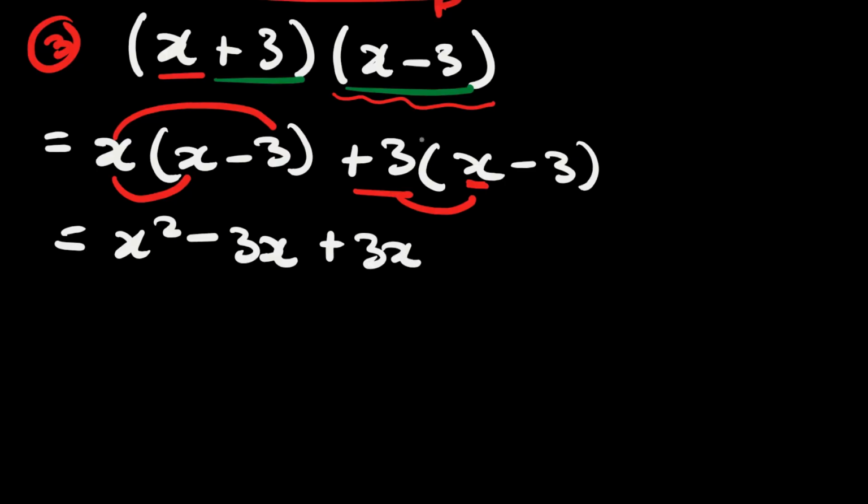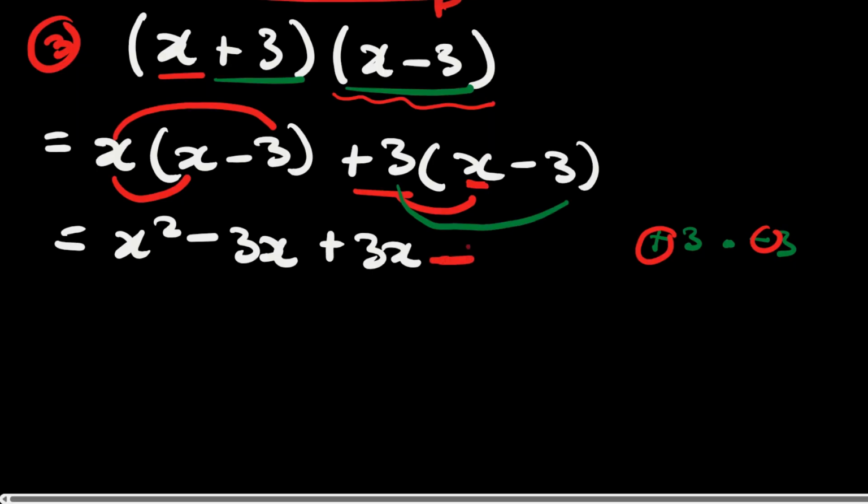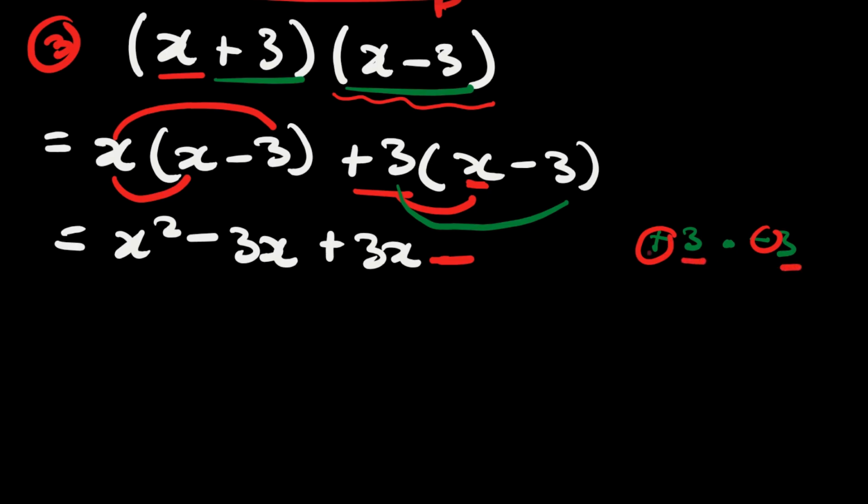Then it's plus 3 multiply minus 3. So it's a fight between signs again. What happens when you multiply a positive and a negative? The negative wins. So we come back with a negative, then 3 multiplied by 3 is 9. So that's how we solve the signs between them.